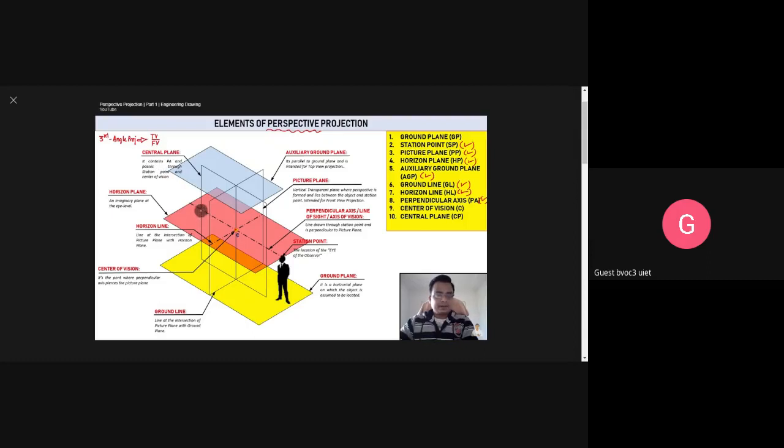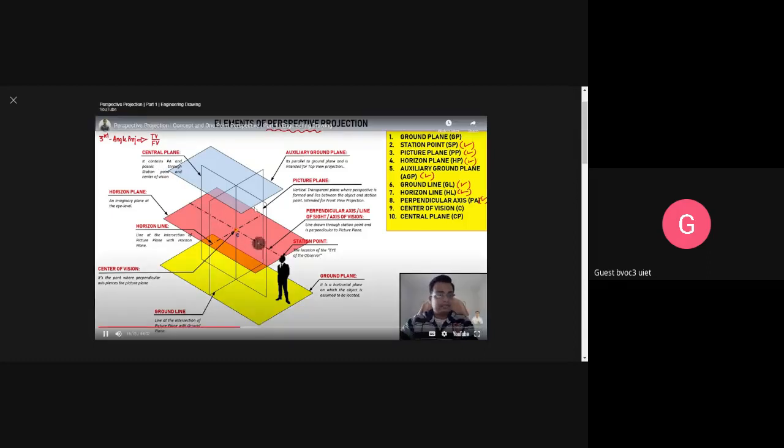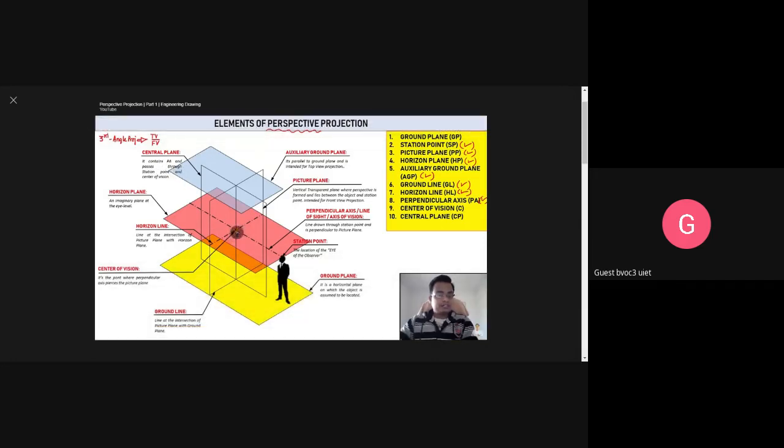It contains the perpendicular axis, and it passes through the station point and center of vision. This is the center of vision and this is the station point. So the central plane is a plane which passes through the center of vision C and station point SP, and also contains the perpendicular axis. Done. So these are all the elements of perspective projections.